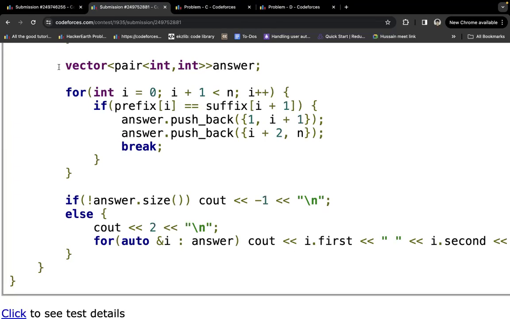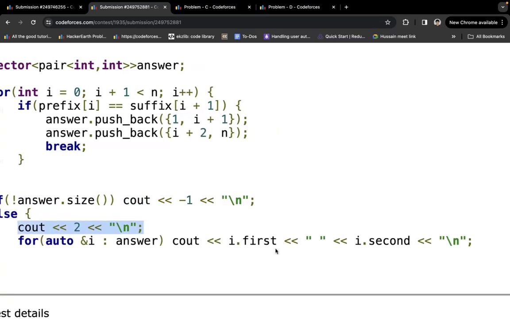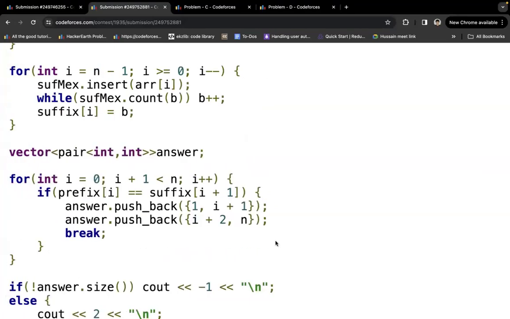So I just have an answer vector. You don't really need it. I could have written it here as well, but just because in the contest I wanted to do it fast. 1 to I plus 1. I'm doing it in one based indexing. Okay. So from 1 to I plus 1 is my one range, and from I plus 2 to n is my other range, and I just break. Now if answer vector is empty, then I print -1. Otherwise, I print 2 and I print whatever the elements are.